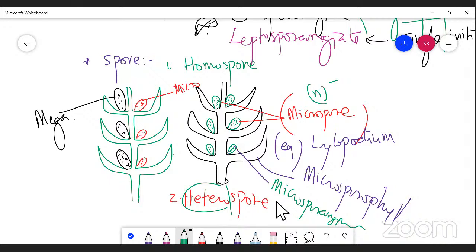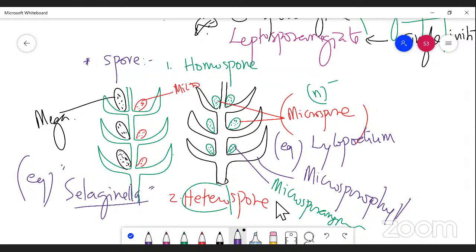Actually, heterospory is reported in the case of Selaginella. I'd like to give Selaginella as an example of heterospore. Selaginella is a plant where you find heterospory.